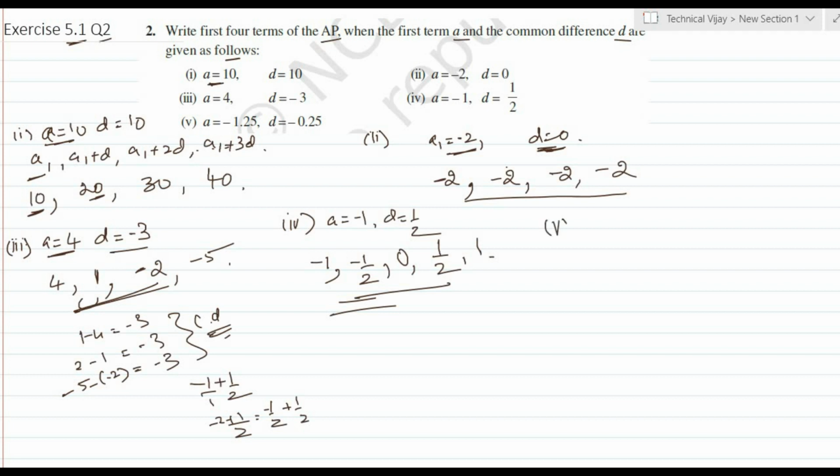So now the next one, fifth one, A is equal to minus 1.25, D is equal to minus 0.25.